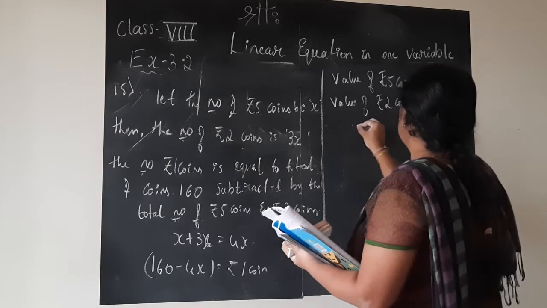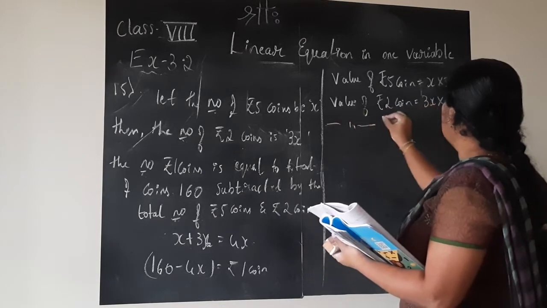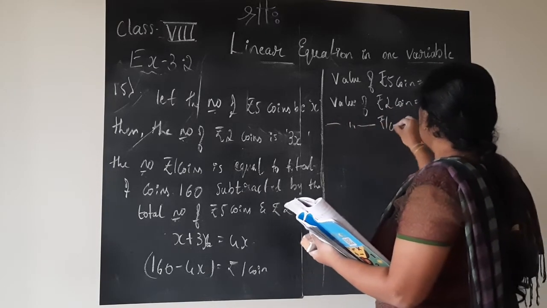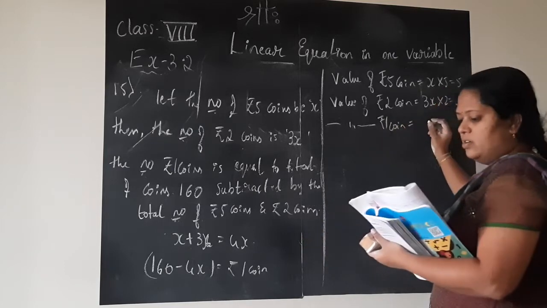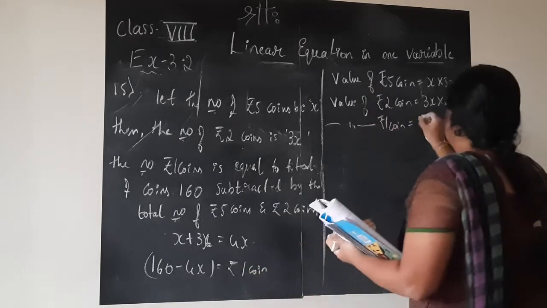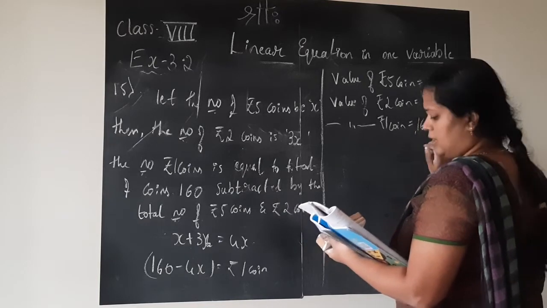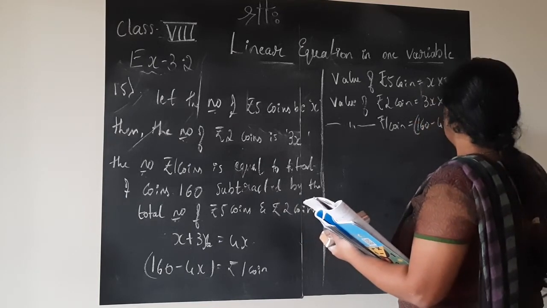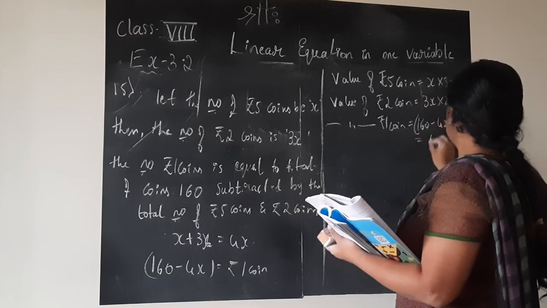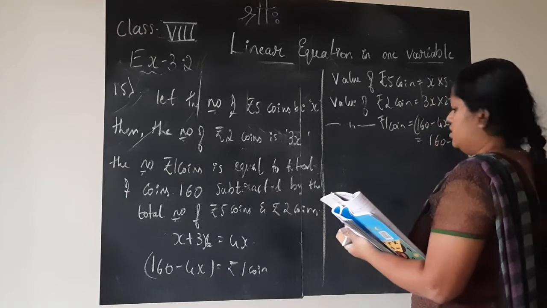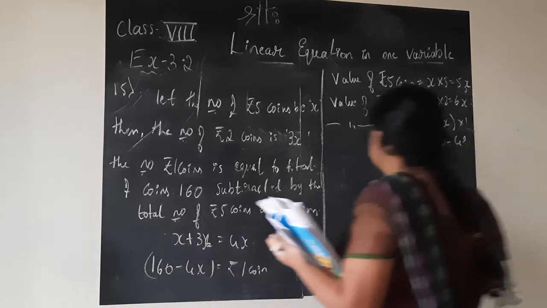Likewise, you write, children, I will put the same. The value of rupee 1 coins is how much? It is 160 minus 4x into 1, which is nothing but 160 minus 4x.